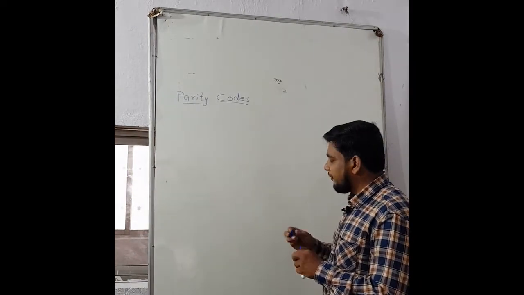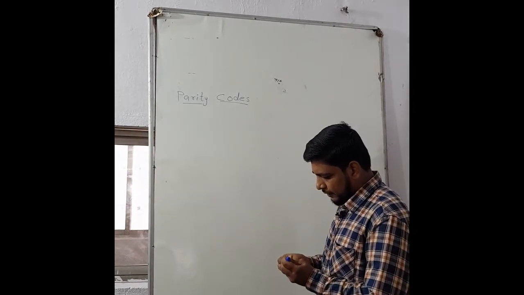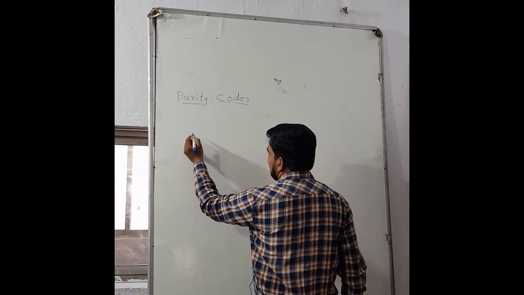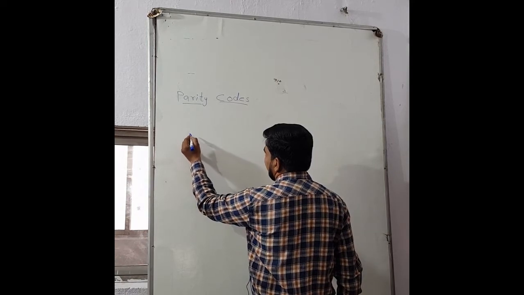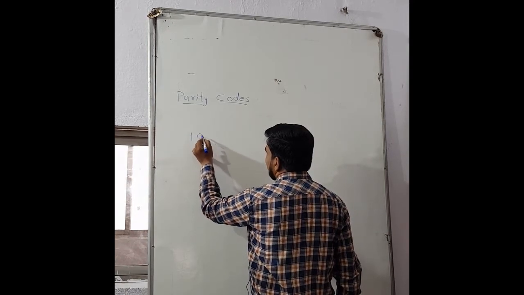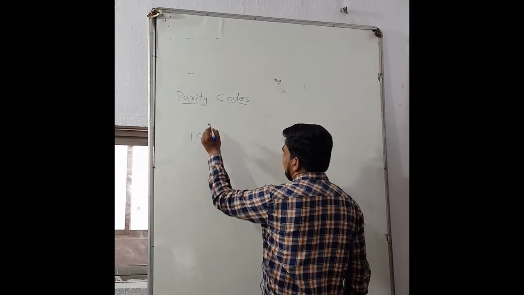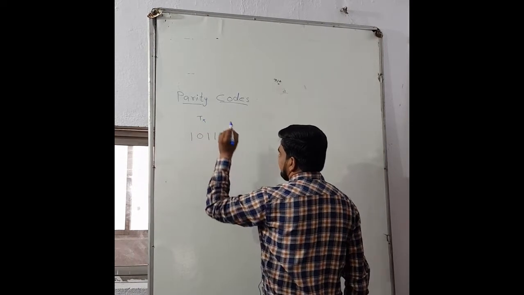In this technique, suppose we are transmitting a 4-bit information, and we are considering the 4-bit information as 1011. Suppose this is the information we need to transmit from the transmitter.